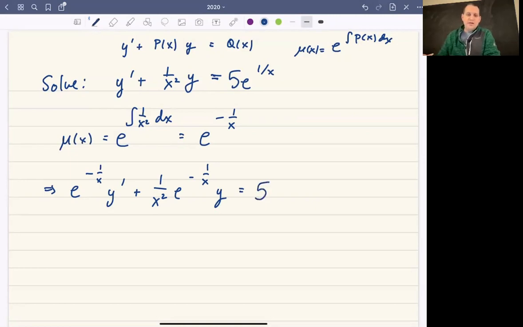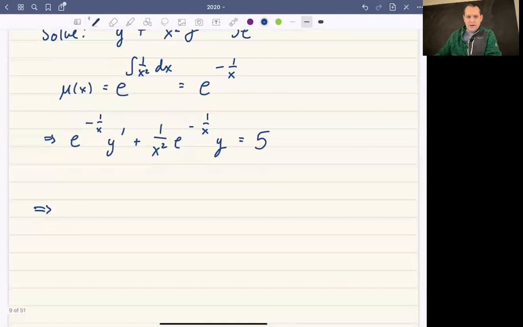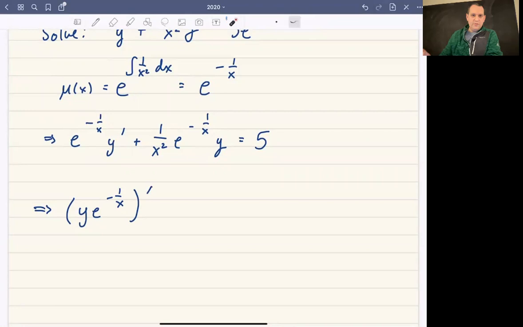The advantage of writing it like this is that the left-hand side is now the derivative of a product, the derivative of y times e to the negative 1 over x. When you have the integrating factor, you get this function times y prime, and the product you're differentiating is this function times just y.